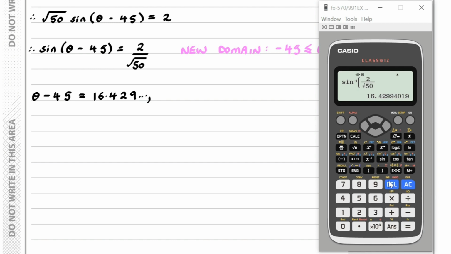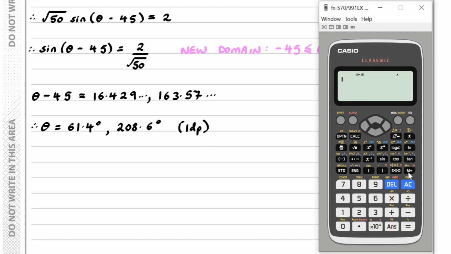And to find out the next value, I need to do 180 minus this, so I get 163.57, etc. And then with these values I need to add 45, so I've got this plus 45, so theta is equal to 61.4, and the next value I get 208.6 degrees, and this is given to 1 decimal place.